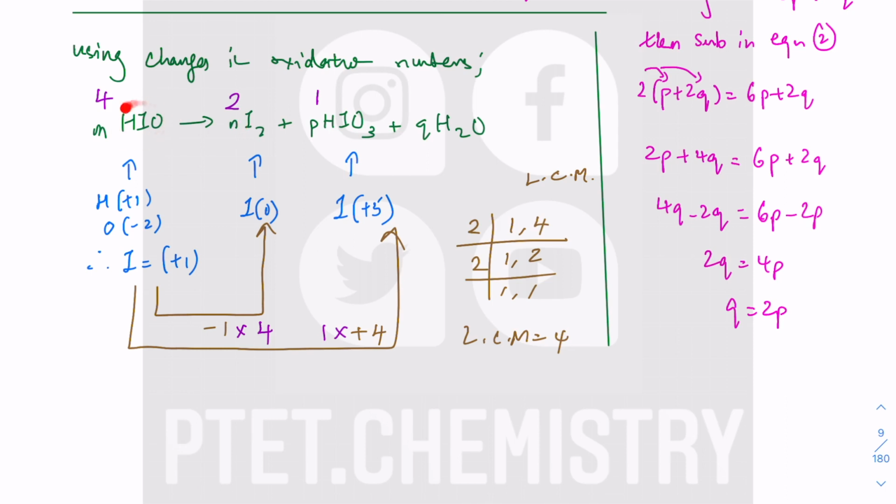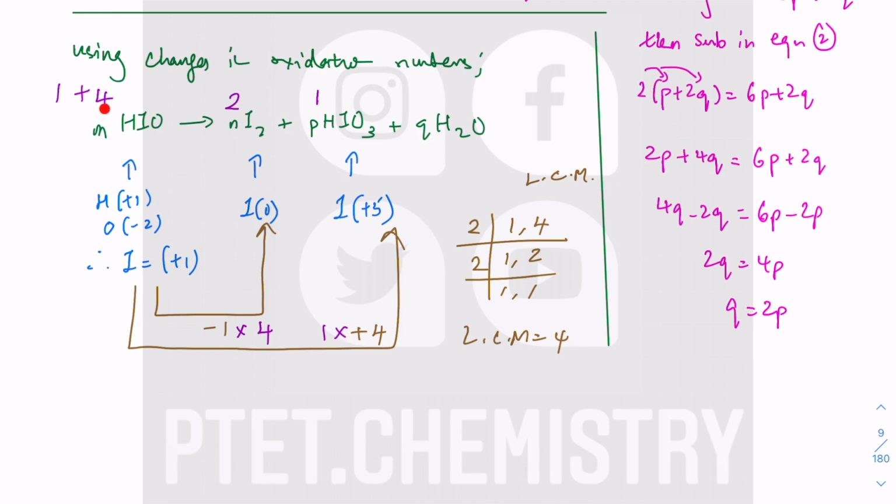So this species, 4 of the I +1 goes to here, but you need one more. You need one more of the HIO because 1 of the iodine +1 goes to here. Because there's only one species that gets both reduced as well as oxidized. All right, reduction is decrease in oxidation number. Oxidation is increase in oxidation number.